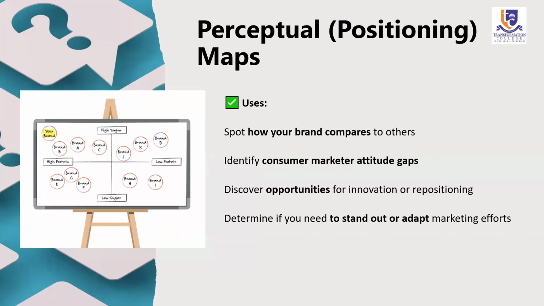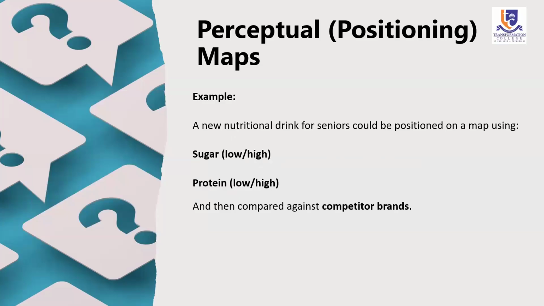So that's what it speaks to. Perceptual positioning, brand versus quality, versus pricing. An example: people who do drinks. If you're doing drinks for seniors, you should know that seniors don't like sugar because they are prone to diabetes.